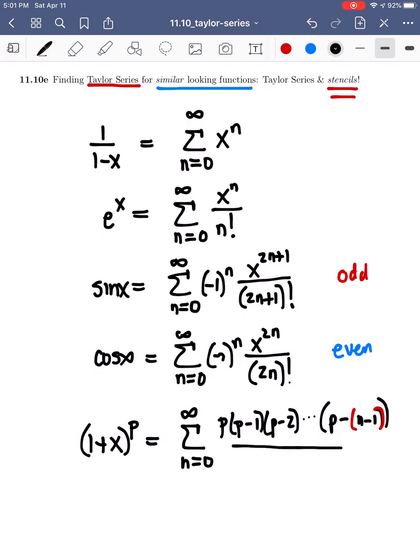And that was all over n factorial times x to the n.